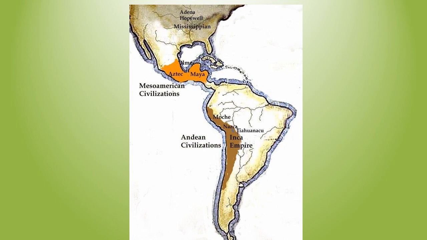And the Olmec will be the precursors to the Aztecs, so they'll form in Mexico. And then we have the Chavan and Moche civilization. The Chavan isn't listed on this map, but they are both in South America, north of where the Inca Empire will develop, in the area of what is modern-day Peru.